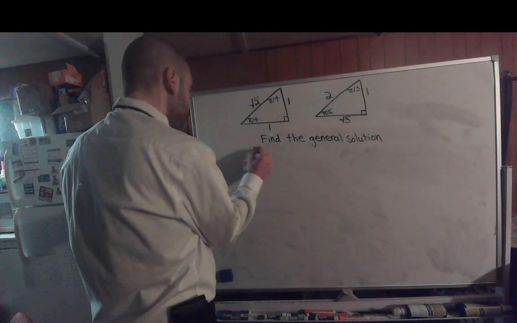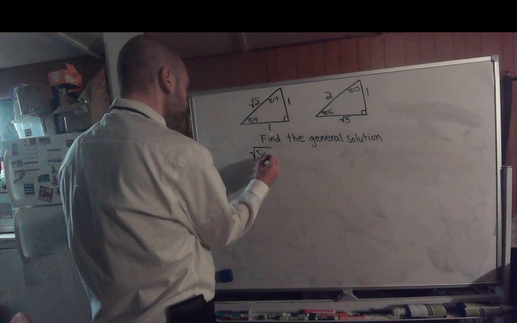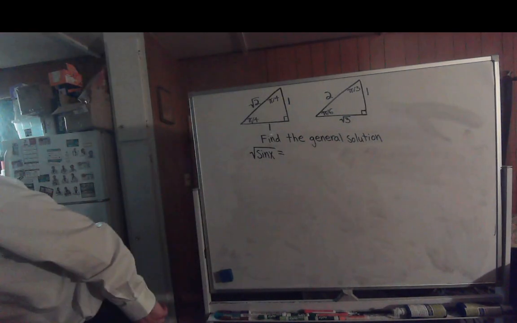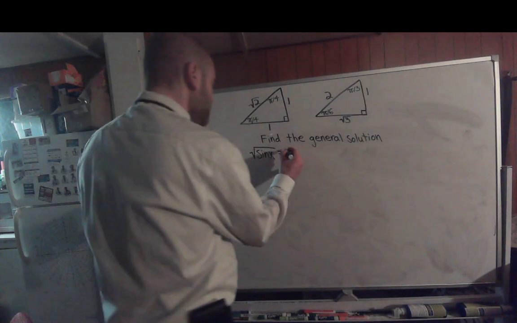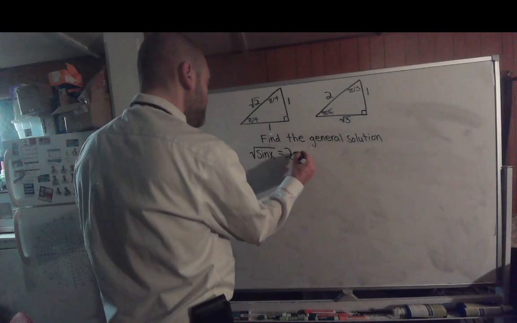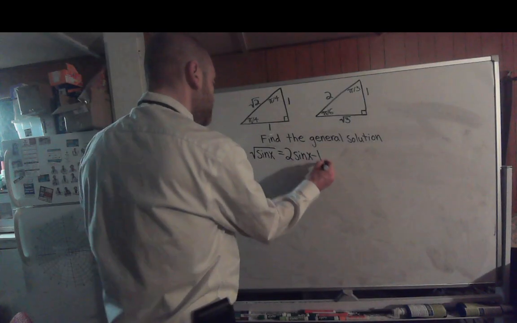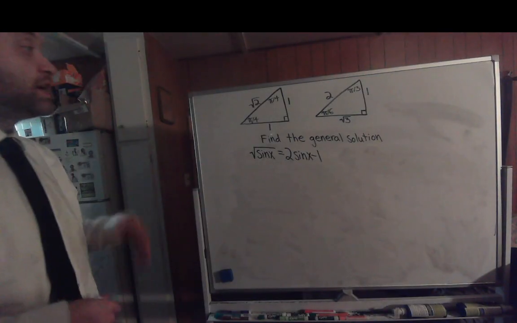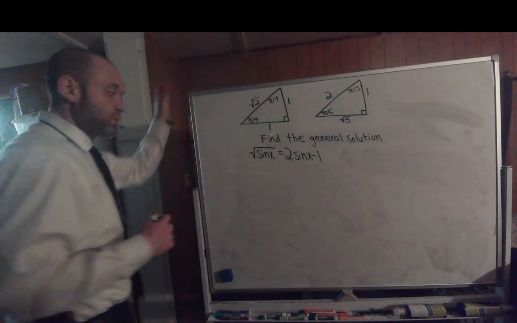So we have the square root of the sine of x is equal to 2 times the sine of x minus 1. Very interesting. So we have a square root. Evidently, then, you're going to want to square both sides.